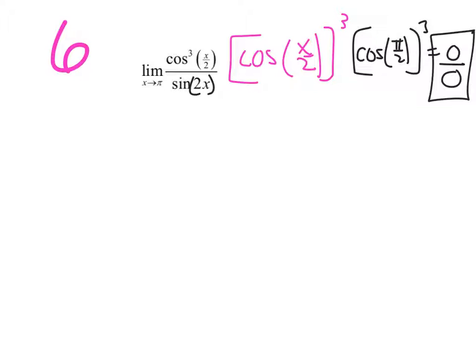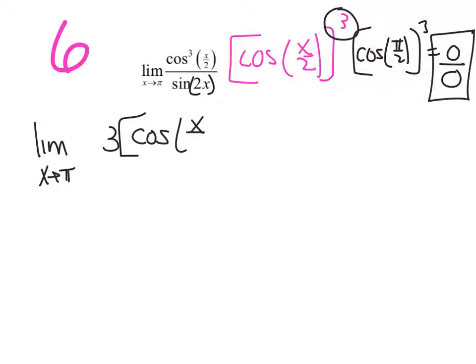Let's use L'Hopital's rule. So just like I rewrote it here, notice I have that double chain when I take this derivative. So I'm going to say it's the limit as x approaches pi, derivative of the outside, so bring down the 3, talk it to yourself out loud, keep the inside: cosine of x over 2, all raised to the second.